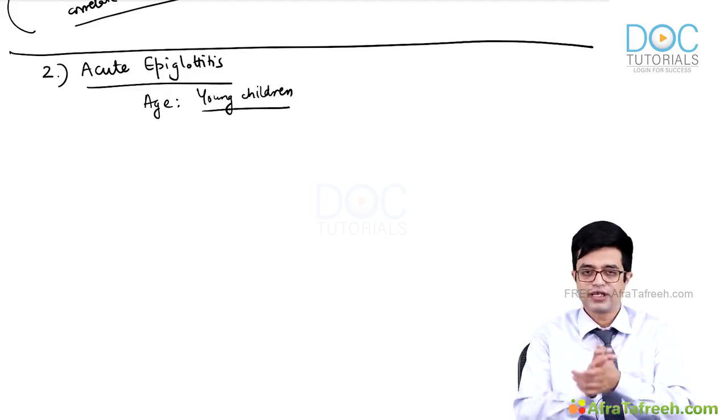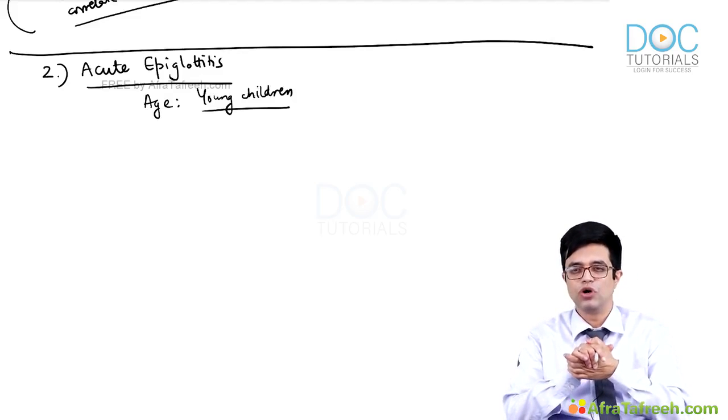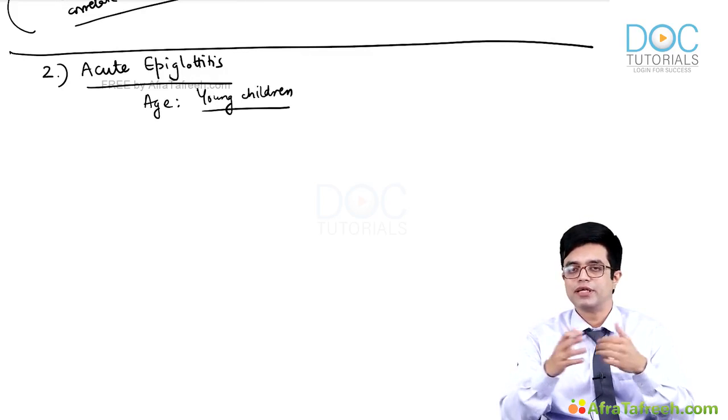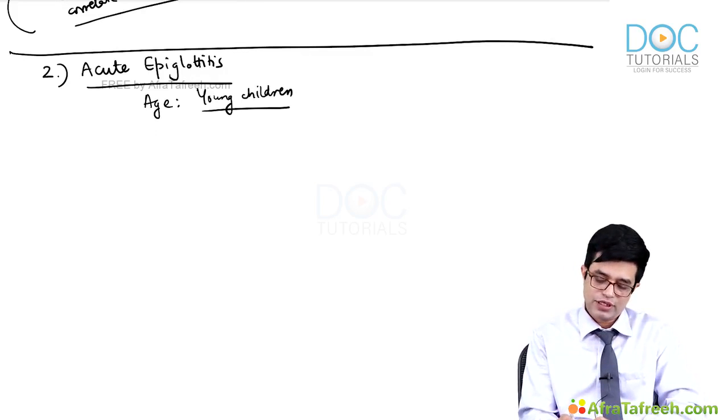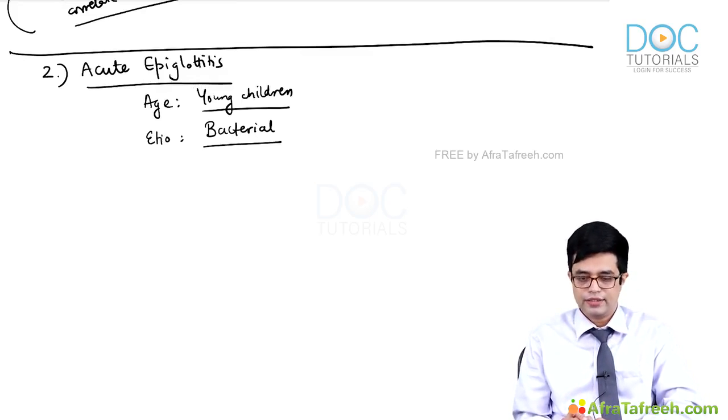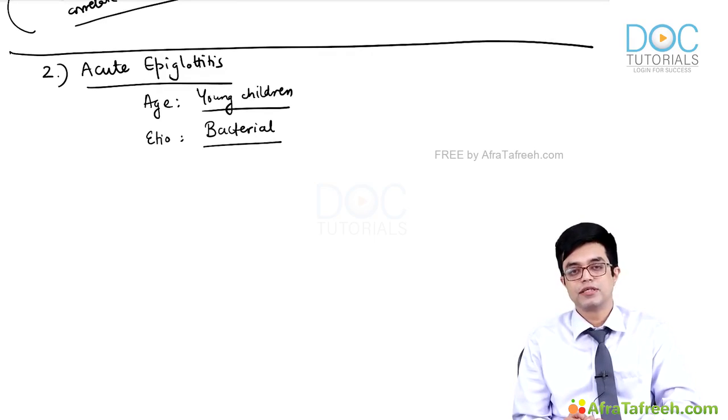But the age consideration has now been changing in view of Haemophilus influenzae no longer being a common cause, as we shall see. What is the etiology of epiglottitis? It is caused by bacterial infections. Earlier, Haemophilus influenzae used to be the most common cause.